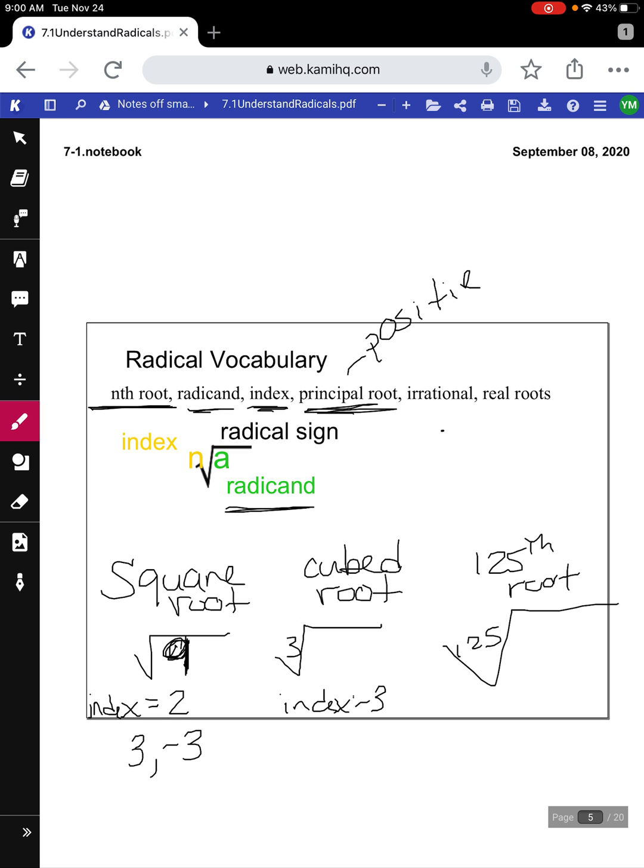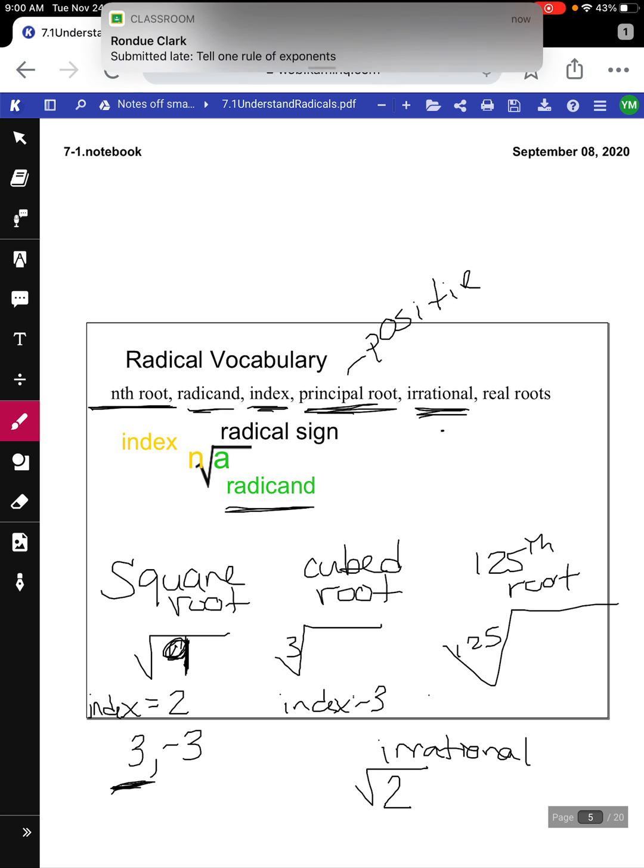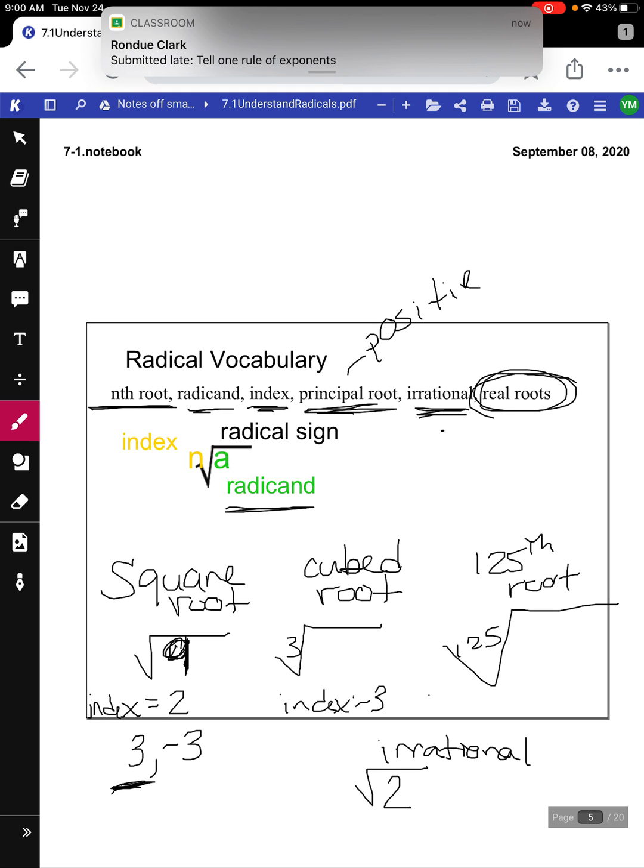However, the principal root is the positive one. That's the one you've learned all your life up until this point. Irrational means it cannot be simplified. You cannot simplify the square root of 2. This is irrational. And real roots are just real numbers. Okay? Real roots are just real numbers.